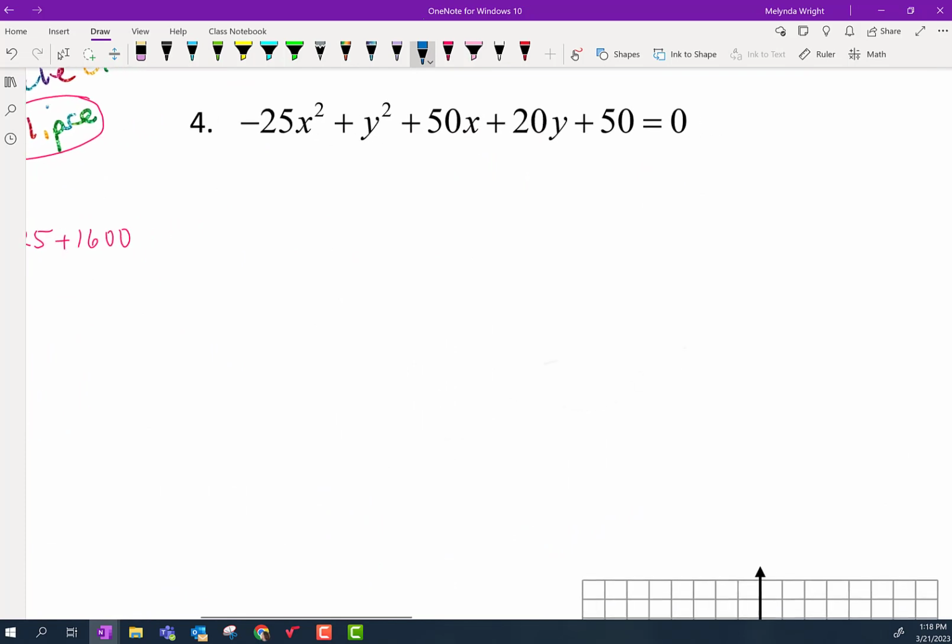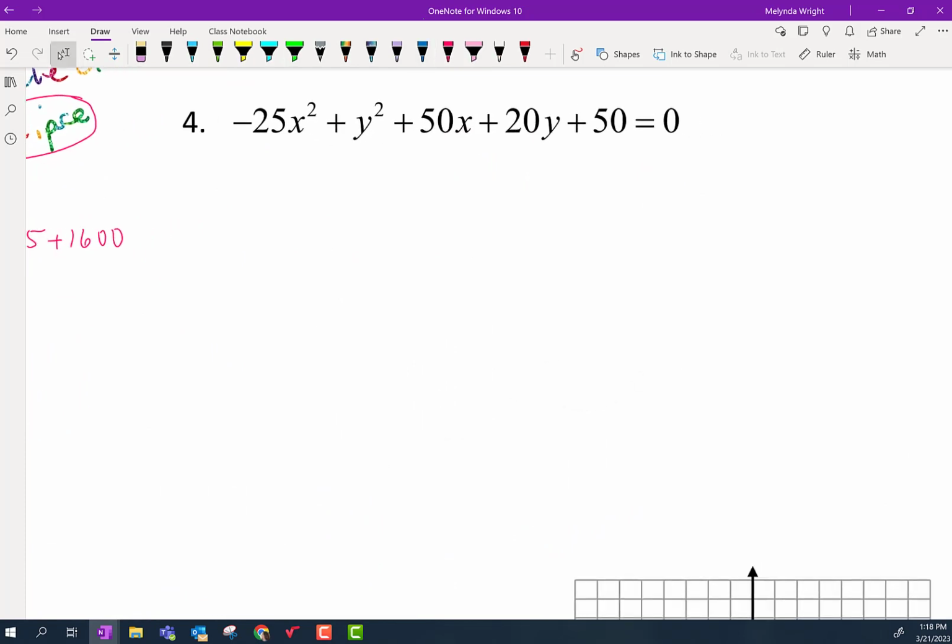All right, so let's take a look at it in general form, try to figure out what we're dealing with. So I've got an x squared and a y squared, and I have a subtraction. Okay, if either of those terms is negative, the 25 or the 1, whichever, this is a hyperbola.